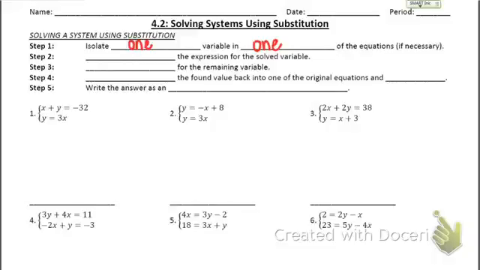Sometimes you have to do a little solving first, and we'll do an example like that. Your second step, after we've gotten x equals something or y equals something, is to substitute the expression for the solved variable. So copy and paste it in, okay?